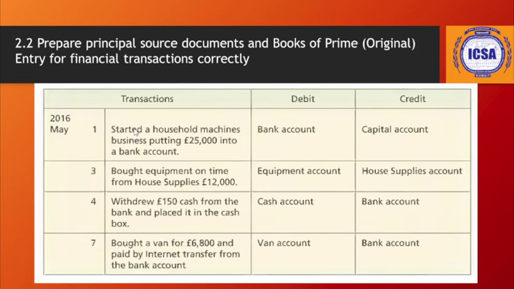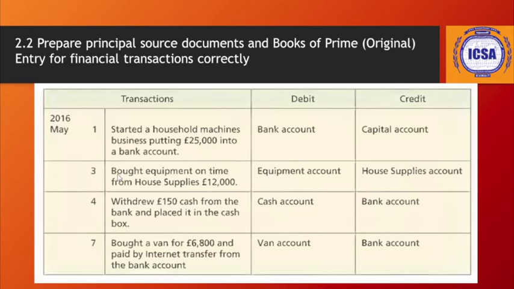First transaction we find here: started a household machine business putting £25,000 into a bank account. A new business has been started by investing 25,000 into the bank account. So bank has increased, bank debit, capital has increased, capital is credit, so it is written on the credit side.